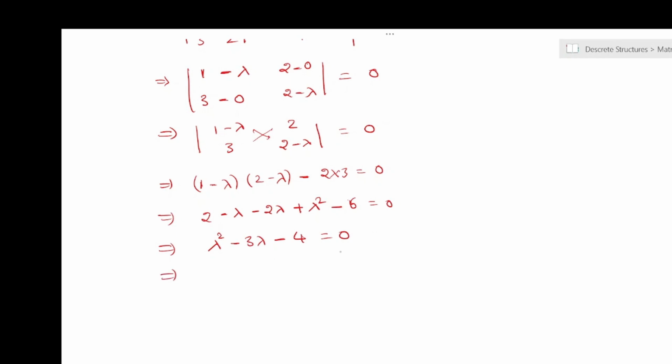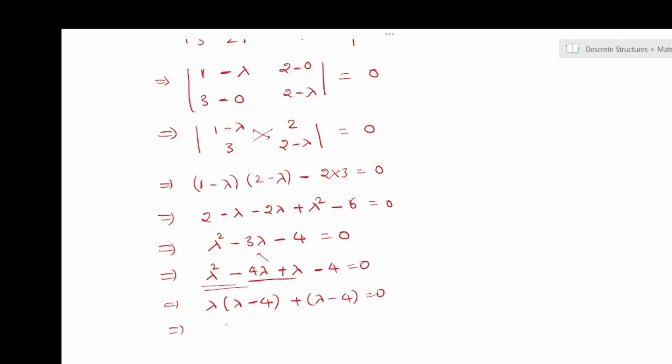Here we are going to factorize this and find the value. Otherwise you can use the quadratic equation, that is left to you. Let me find it using the factors. When you solve this, minus 4 is equal to 0. This implies from both of these I am going to take lambda common: lambda into (lambda minus 4) plus 1 into (lambda minus 4).